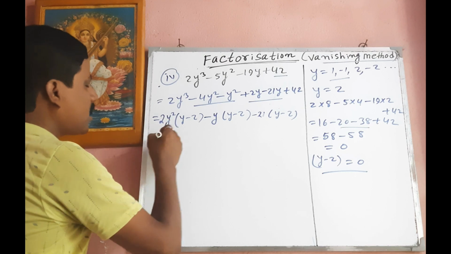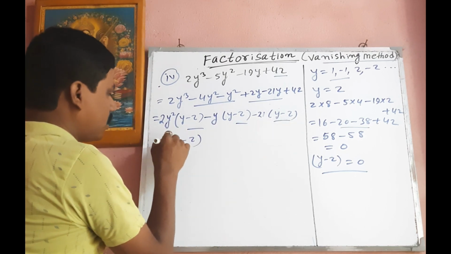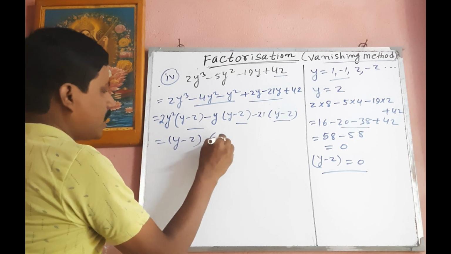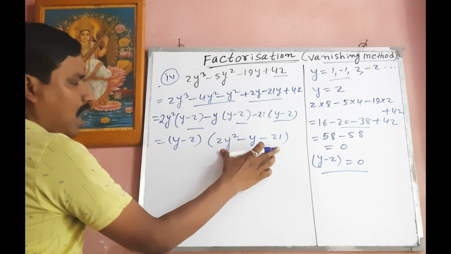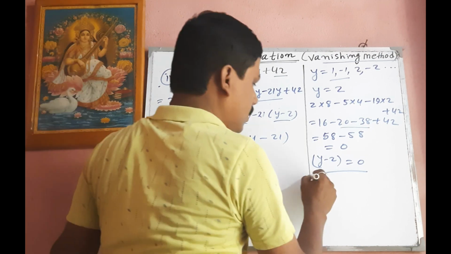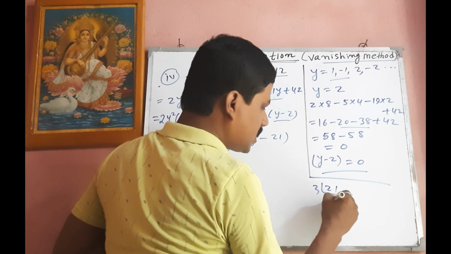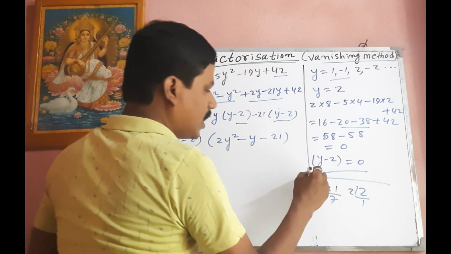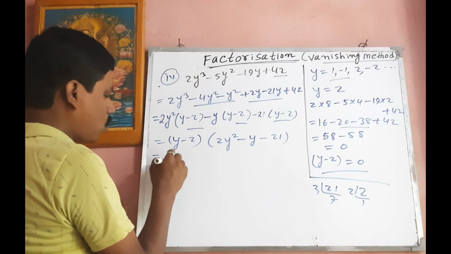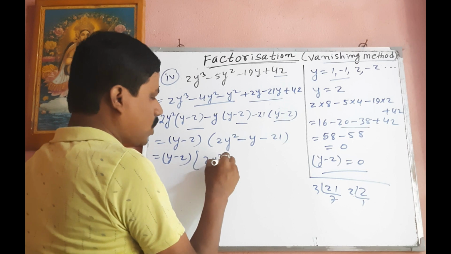Now taking common this part, y minus 2 is in common, then we get 2y square minus y minus 21 is there, and now this will be the middle term, that is 21, 3, 7 and 2, 2, 1.